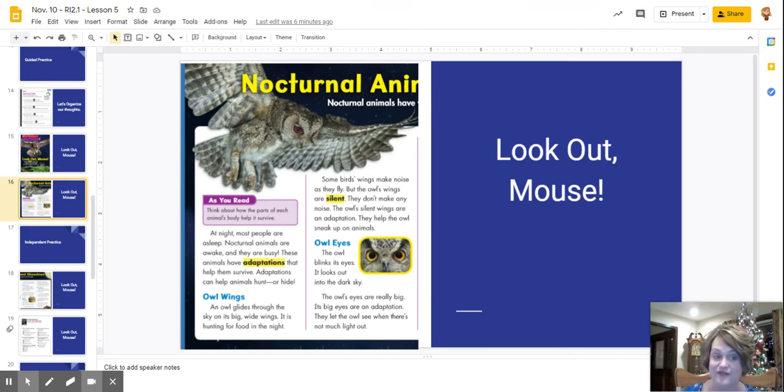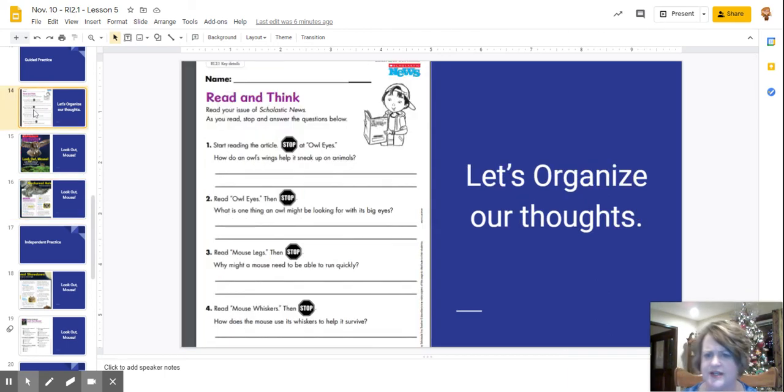Well, now you know from my lesson where I got that little paragraph from, right? I took it right out of this passage because we've seen the word adaptations. And it says adaptations can help animals hunt or hide. So it's something on their body that helps them hunt or survive. Now it said stop at our wings. So let's see what our first question is.